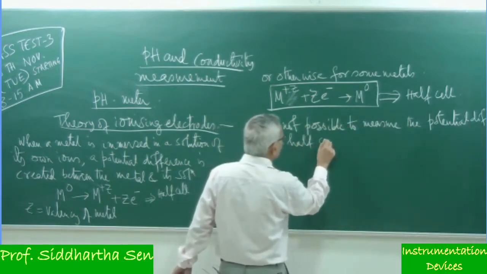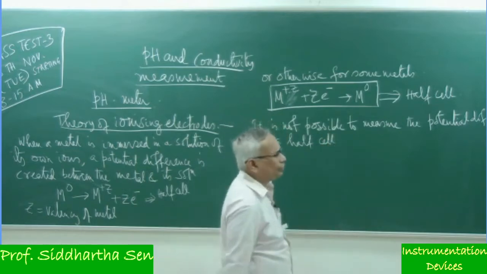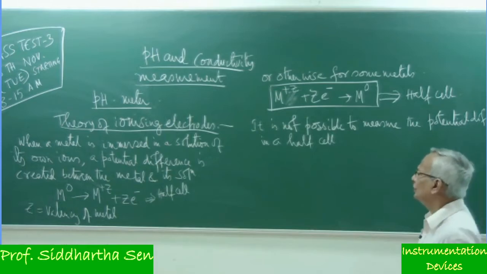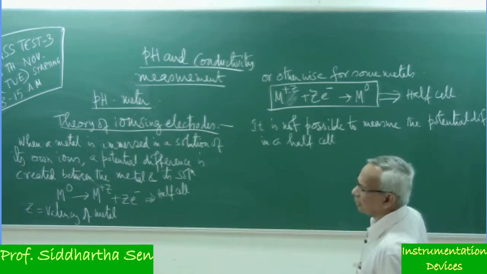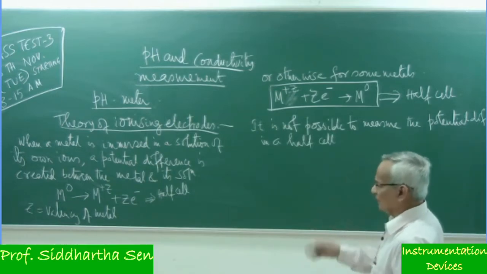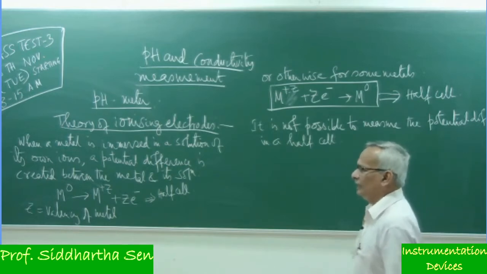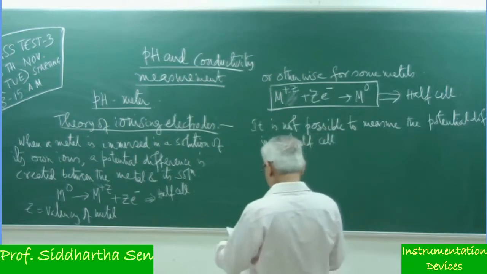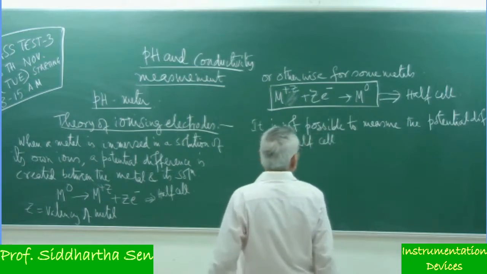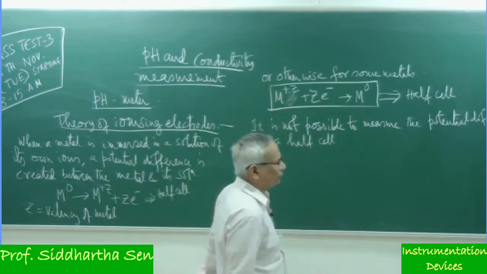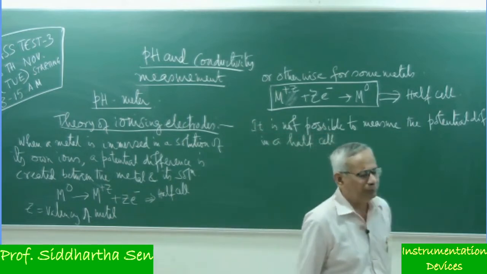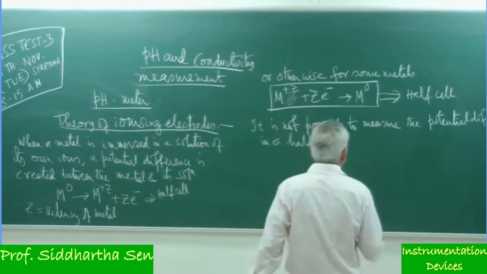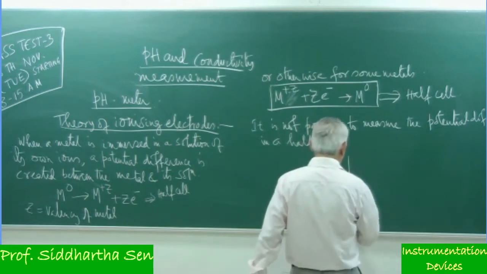We cannot do it for a half cell, because once you try to measure it, you will be using another metal and the potential distribution would be disturbed. So what we do is put two half cells together. And once we put two half cells together, it looks like this.